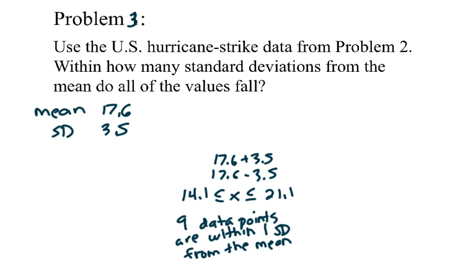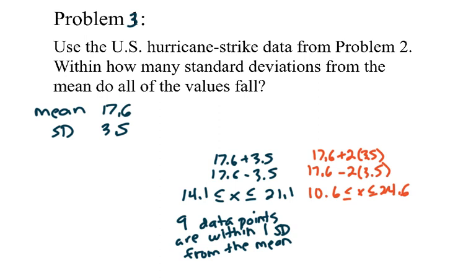All right, so it didn't fit all of our data points because we need all 15, so let's do it again. So I'm going to do 17.6 plus 2 times 3.5. Or I can just add 3.5 to the 21.1. And then I'll do 17.6 minus 2 times 3.5. Or again, I could subtract 3.5 from my 14.1. So I should get any data point between 10.6 and 24.6.